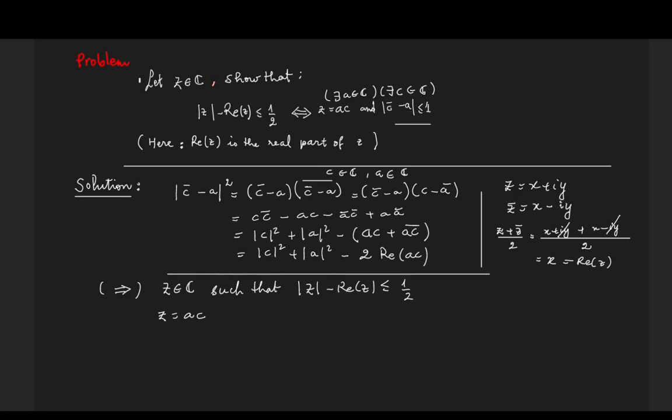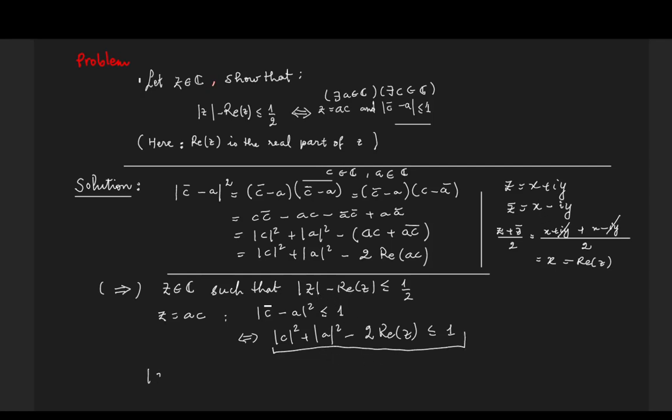We have modulus of c minus a squared is less than 1, means that modulus of c squared plus modulus of a squared minus 2 real of z is less or equal to 1. But that's what we need to show.